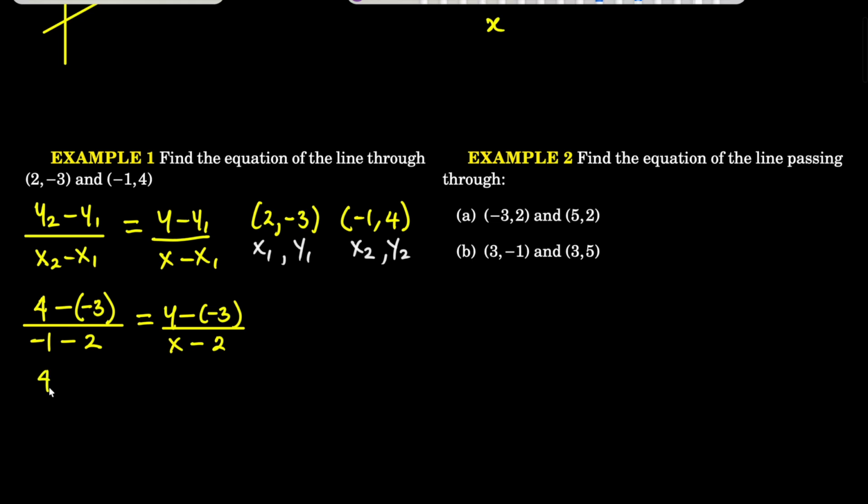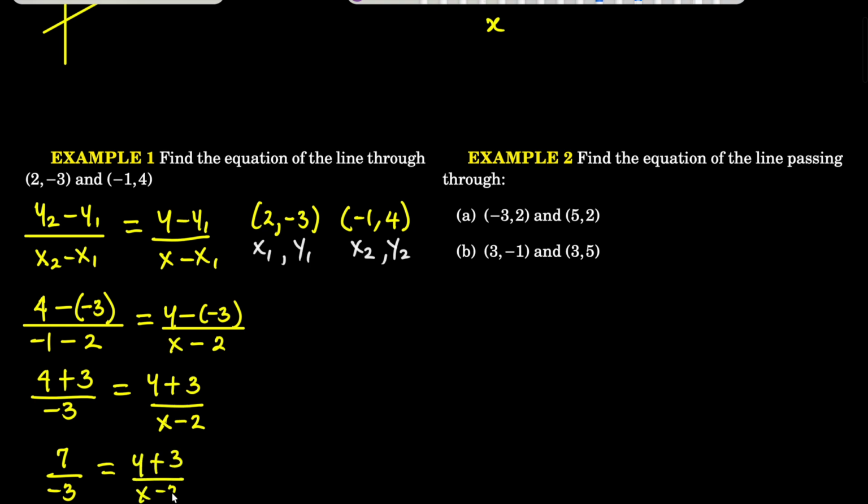So you have 4 plus 3 over minus 3 is equal to y plus 3 over x minus 2. 4 plus 3 is 7. So we have 7 over minus 3 is equal to y plus 3 over x minus 2.